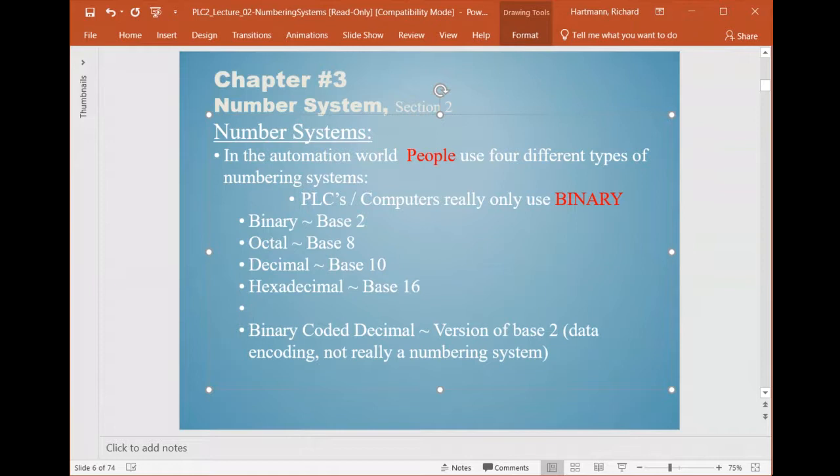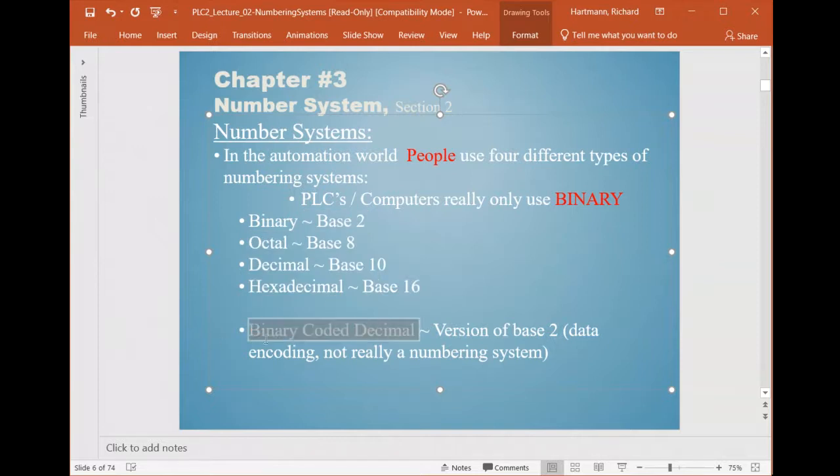Let's say you want to create your own numbering system, base 43 or something. You can do that. I don't know why you would want to, but there's no law against it. You could create such a numbering system and convert between it and any of these other ones using what I'm going to show you here in a little bit.